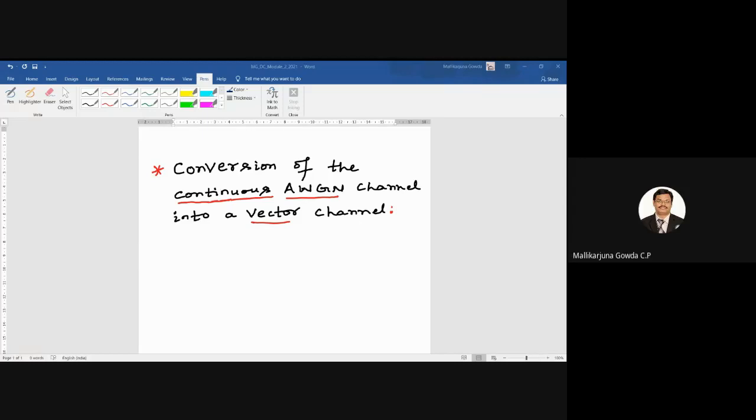Correct. And its energy is A squared into T by 2 over the interval 0 to T by 2. So with that, we can say phi 2 of t is square root of 2 by T over the interval 0 to T by 2. So the problem is solved.